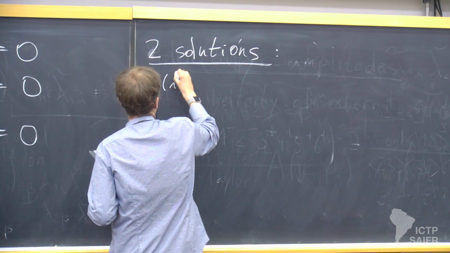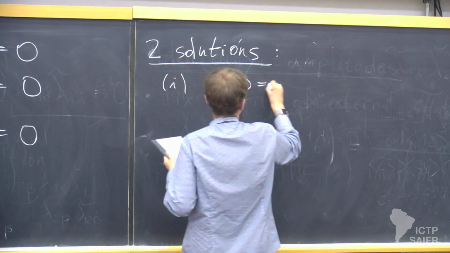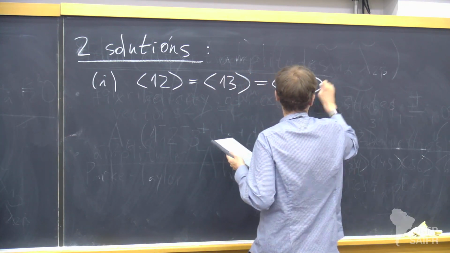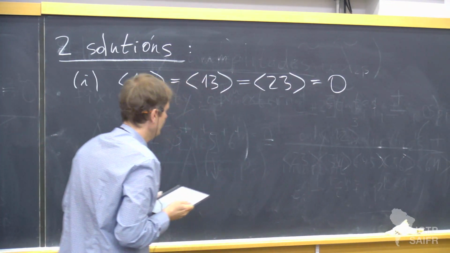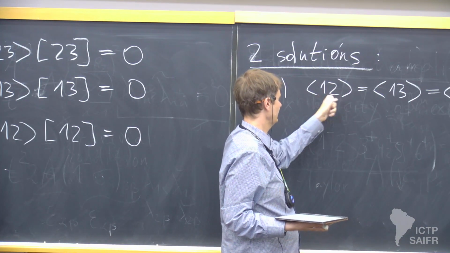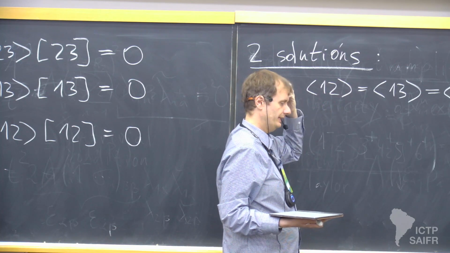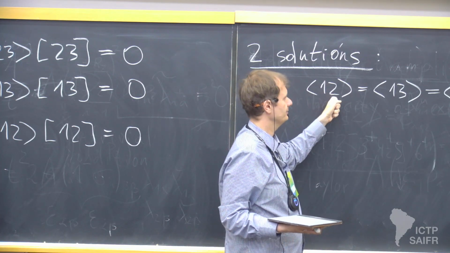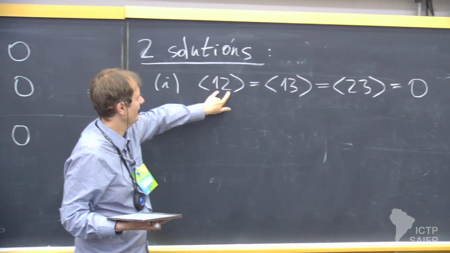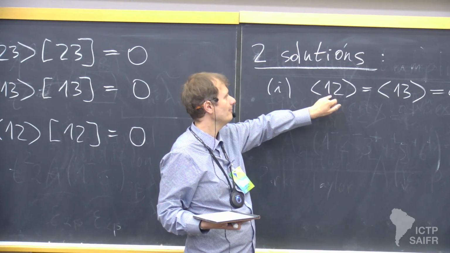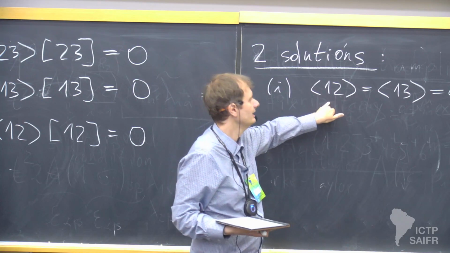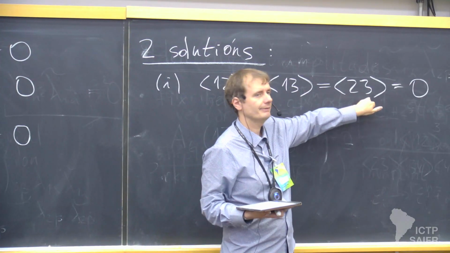So the first solution is that the angle brackets 1,2, 1,3, and 2,3 are 0. What does it mean? We said that these are just 2 by 2 determinants of lambda 1 and lambda 2, lambda 1 and lambda 3, lambda 2 and lambda 3. So saying that this bracket is 0 means that lambda 1 is proportional to lambda 2. And these guys are proportional, and these guys are proportional.